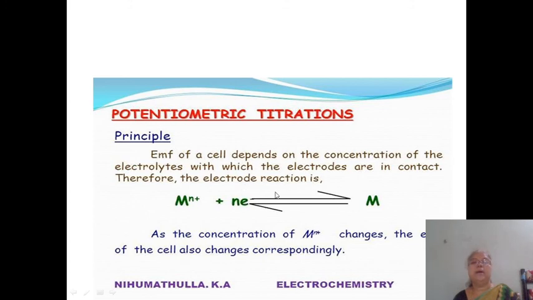This is the reason behind the change in EMF, or change in potential, at the electrode, and this is the principle of potentiometric titrations.